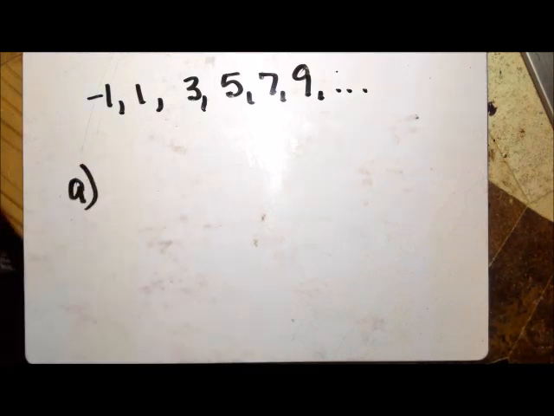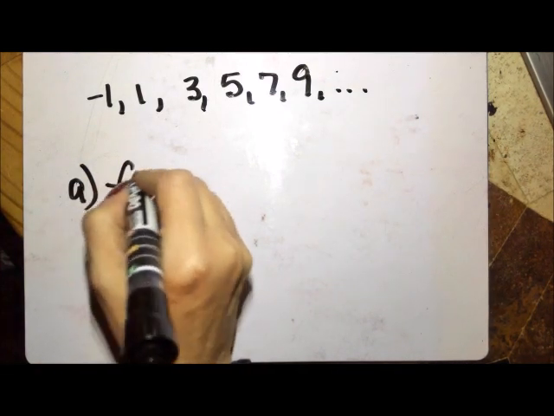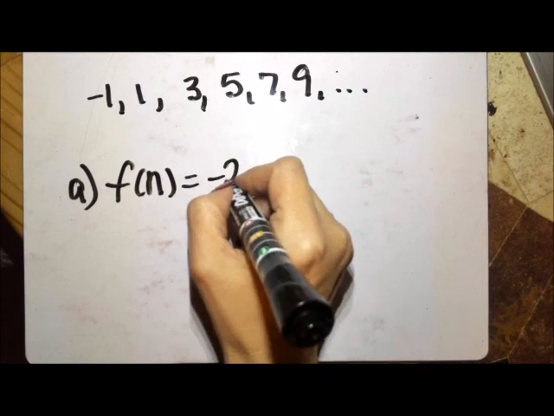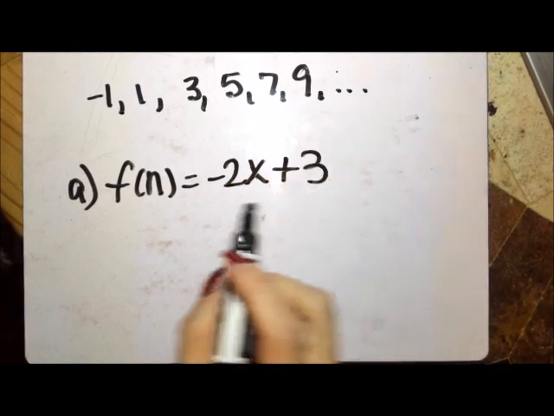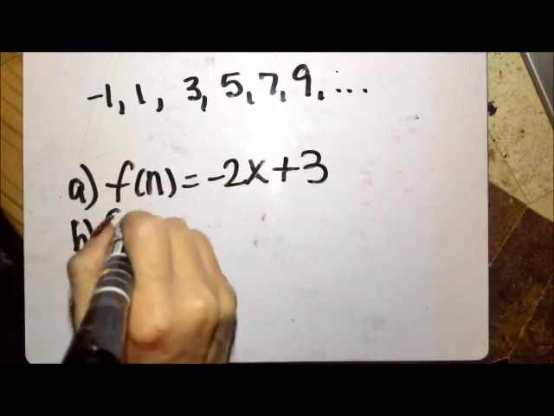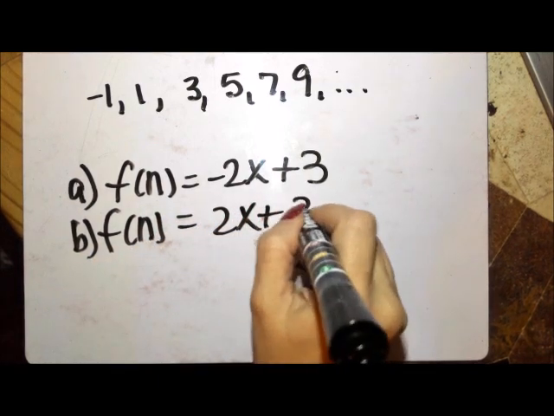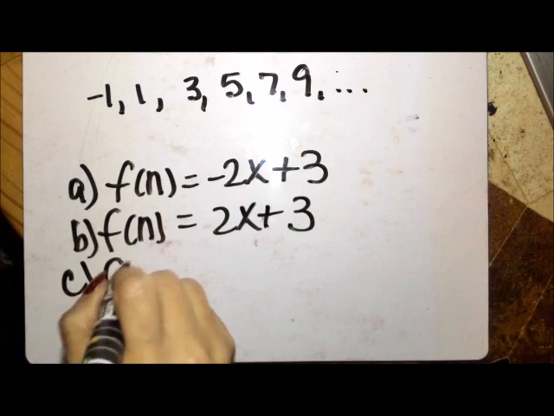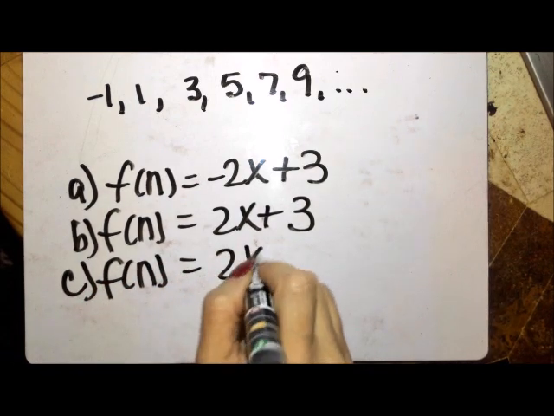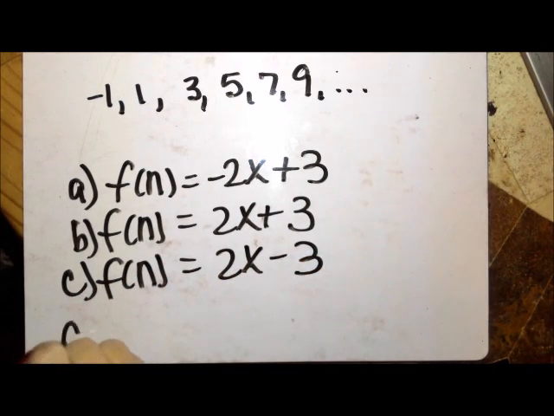So let's say A is f of n equals negative 2x plus 3. B is f of n equals 2x plus 3. C is f of n equals 2x minus 3.